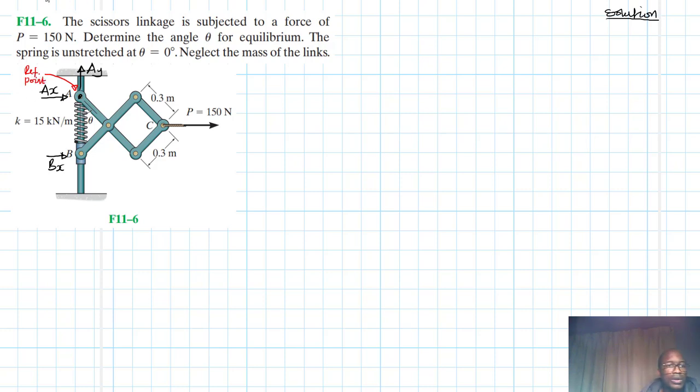Once we've done this, we need to apply a virtual displacement. This virtual displacement can be either rotational or translational. For us, we are going to choose point C, where we will apply this virtual displacement in the direction of our applied force.